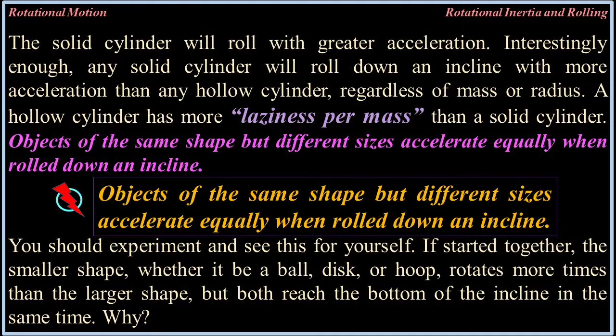You should experiment and see this for yourself. If started together, the smaller shape, whether it be a ball, disc, or hoop, rotates more times than the larger one. But both reach the bottom of the incline in the same time. Why?